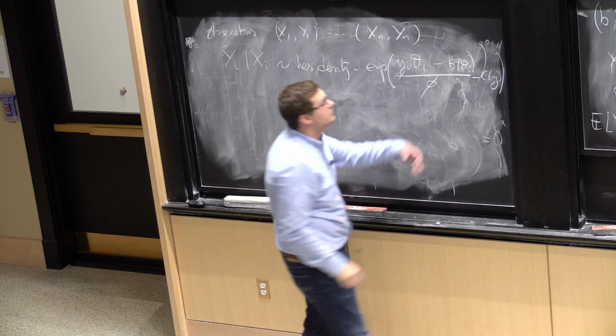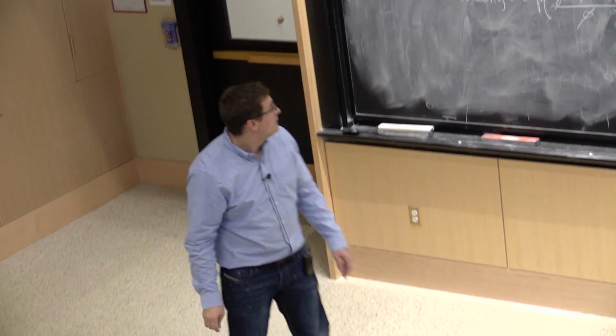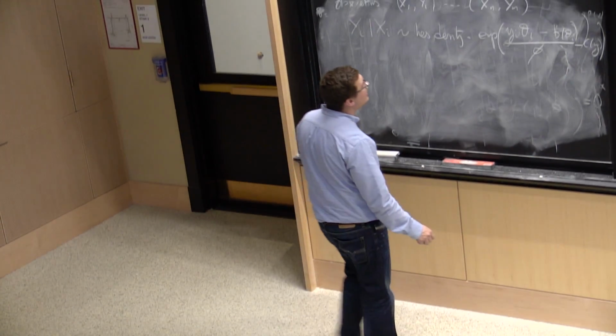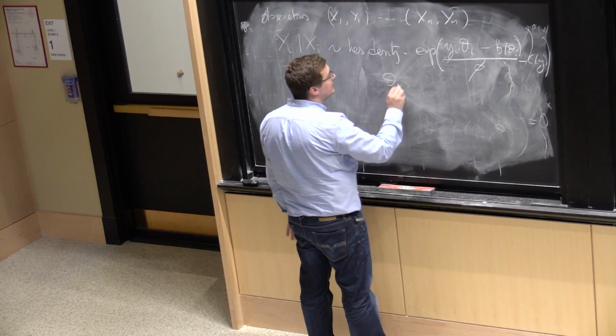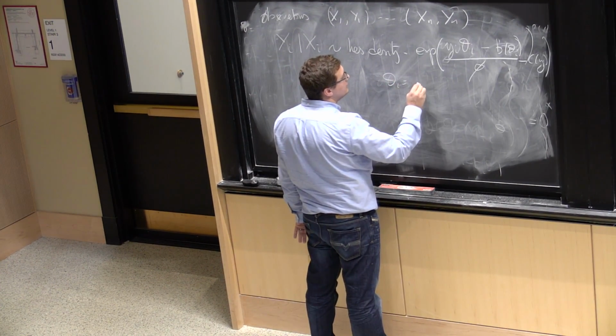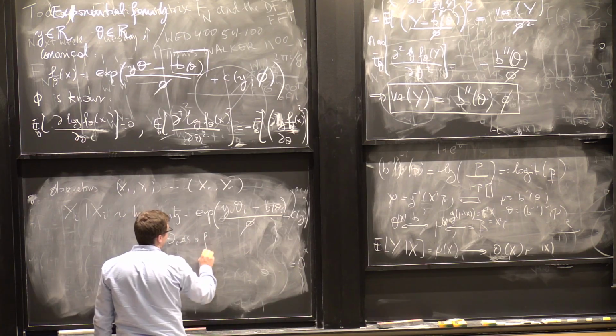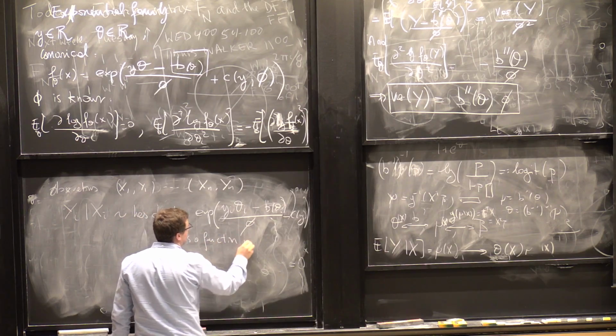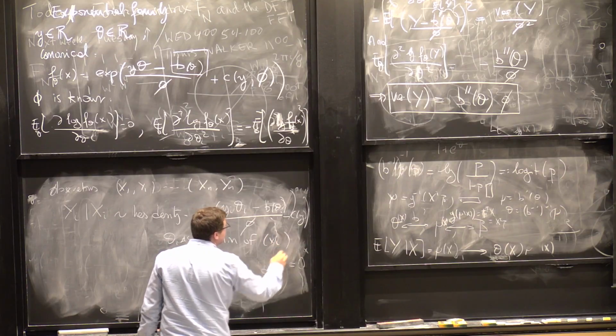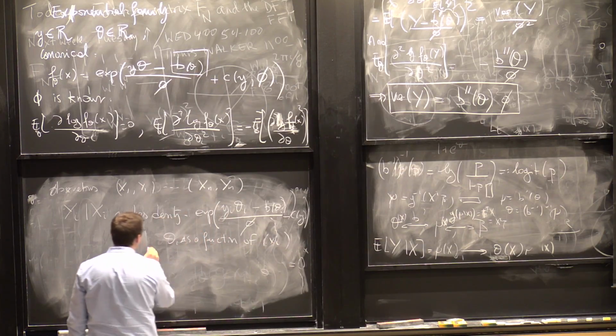I'm not going to deal with the phi and the c now. And why do I have theta i and not theta? Because theta i is really a function of xi, right? So it's really theta i of xi.